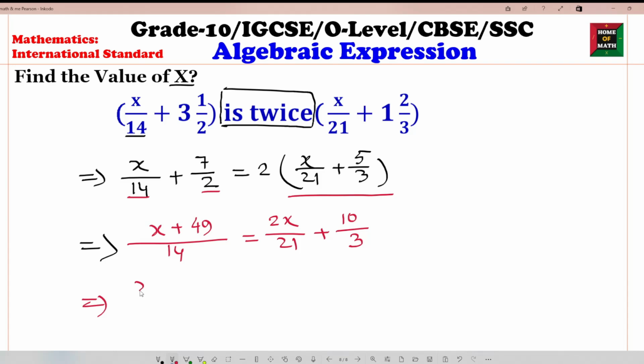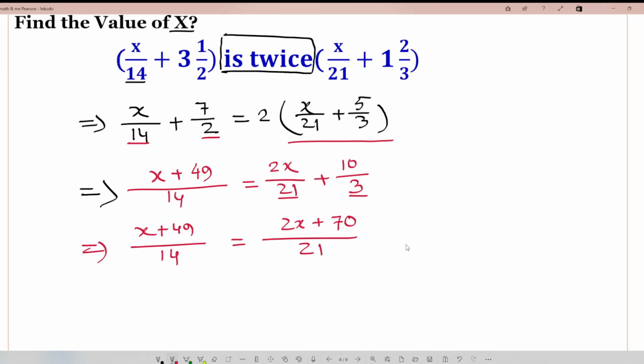So here x plus 49 divided by 14 equals, with 21 and 3 having LCM 21, 2x plus 21 divided by 3, which is 7, 7 times 10 means 70, divided by 21.